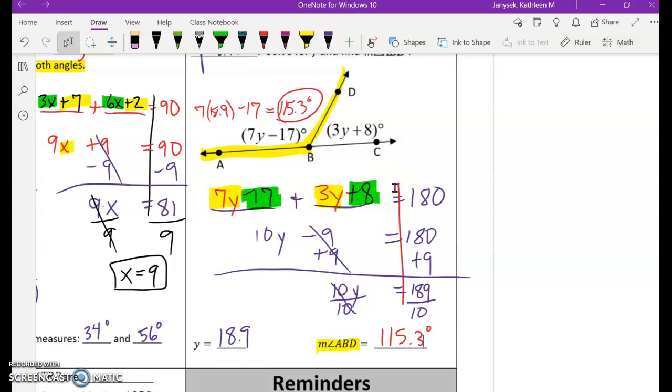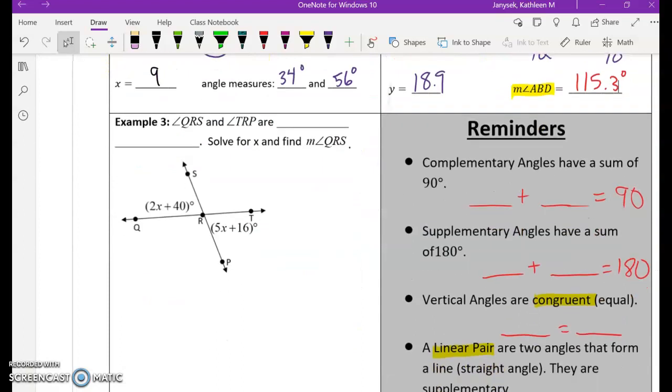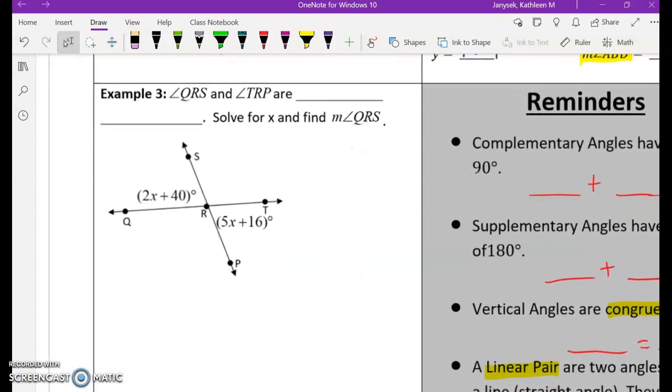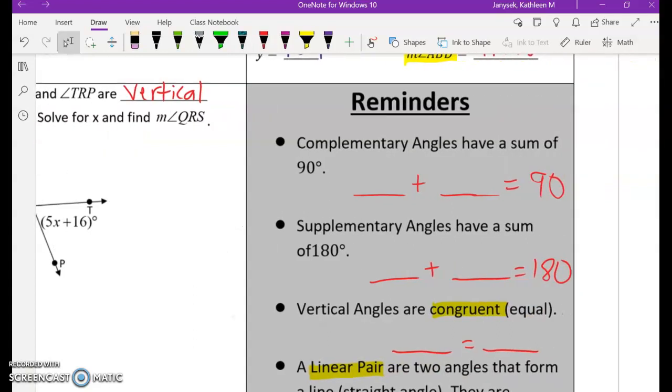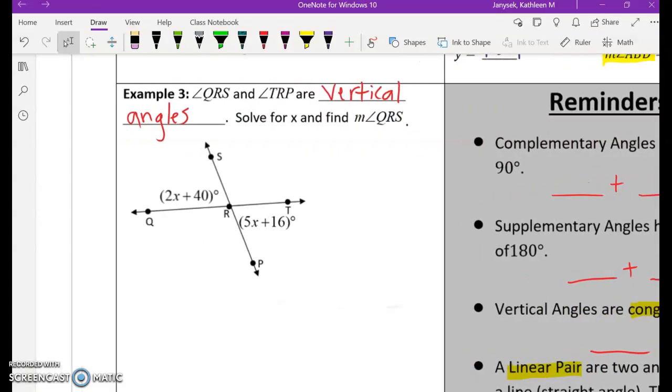Okay. So let's look at the last example, example 3. These two angles are across from each other, and those are called vertical angles. And if you look at our reminders on the right side, you can see that it tells us vertical angles are congruent or equal.